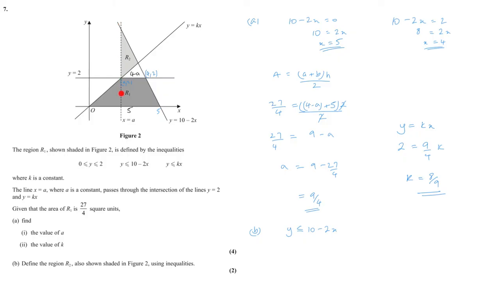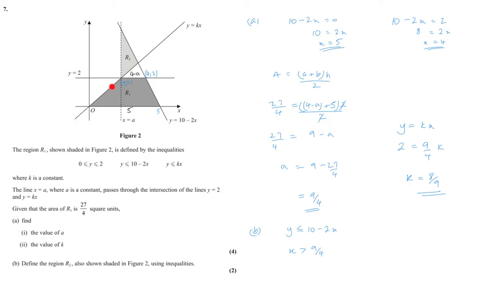It's greater than this line, but this line's dashed. So a is 9 over 4, so x is greater than 9 over 4. And notice I don't put an equals in on this one. So I've got less than this line, greater than this line.